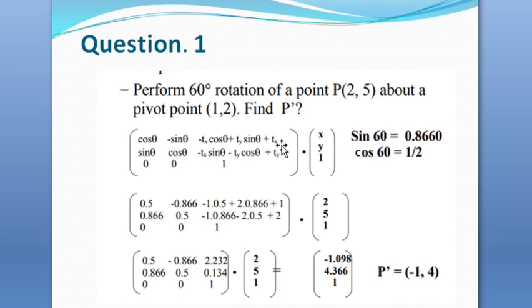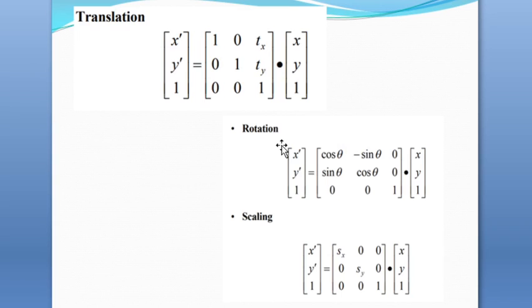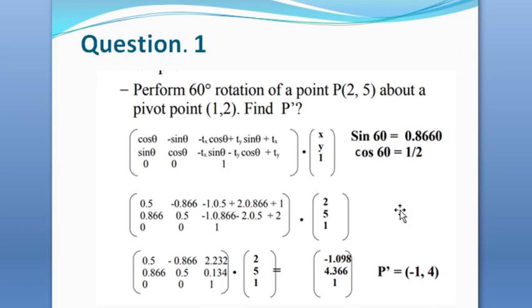If the pivot point 0, 0 origin is given, we can use the formula directly. But in this problem, the pivot point 1, 2 is given. Therefore, the formula includes the minus tx cos theta plus ty sin theta plus tx minus tx sin theta minus ty cos theta plus ty.